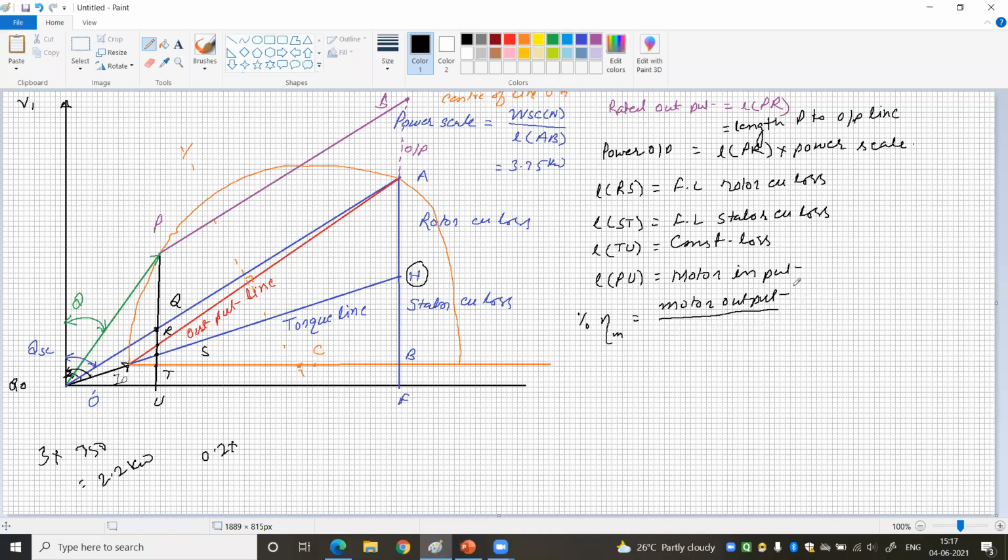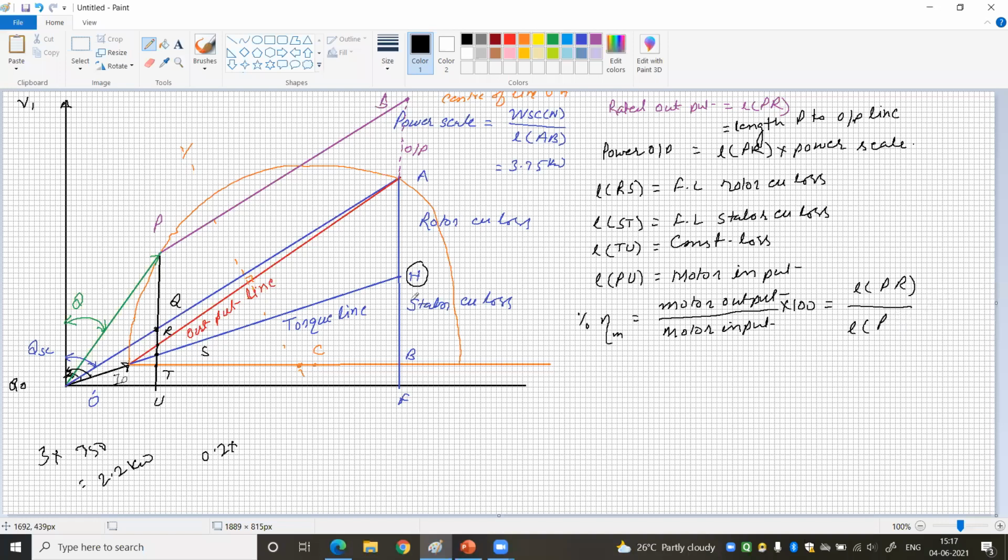So here the motor output is nothing but length PR divided by length PU, into 100, is the motor efficiency.